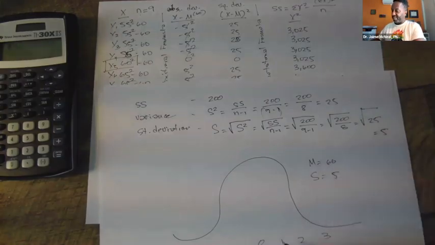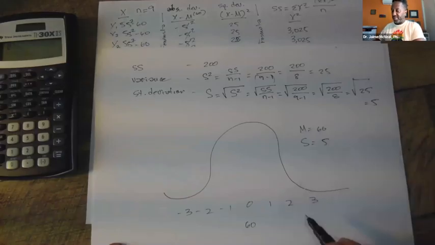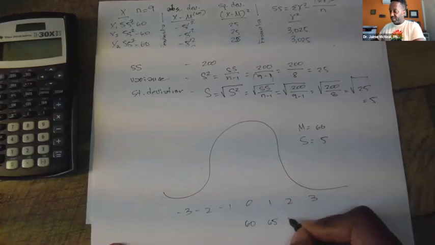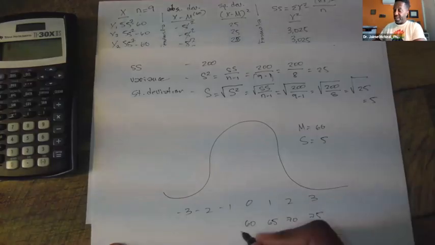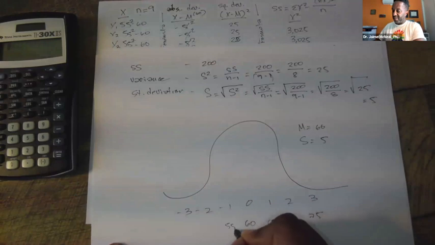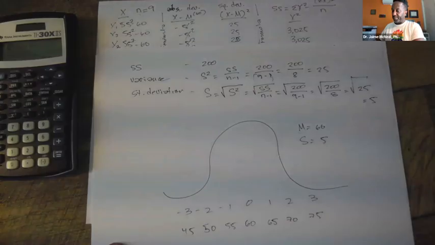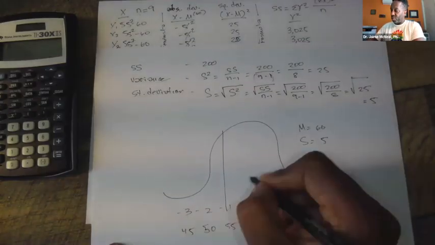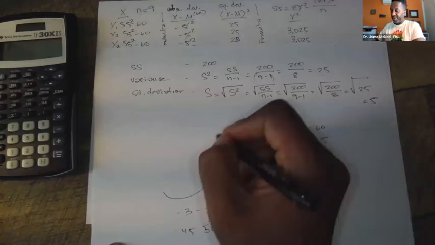The mean is 60. The standard deviation is 5. That means every standard deviation increases or decreases by 5. So 1 would be 65, 2 would be 70, 3 would be 75. These are the raw scores. -1 would be 55, -2 would be 50, and -3 would be 45, right? 68% of the data, or most of the data, is going to be in the middle.